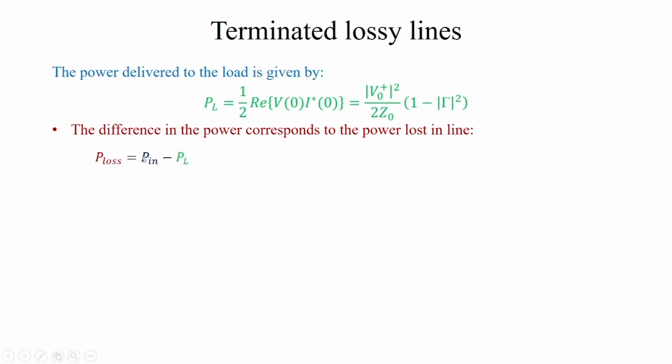So, P loss is P in, the expression which we have already computed, minus P L, and this can be found out by substituting the expressions for P in and P L.